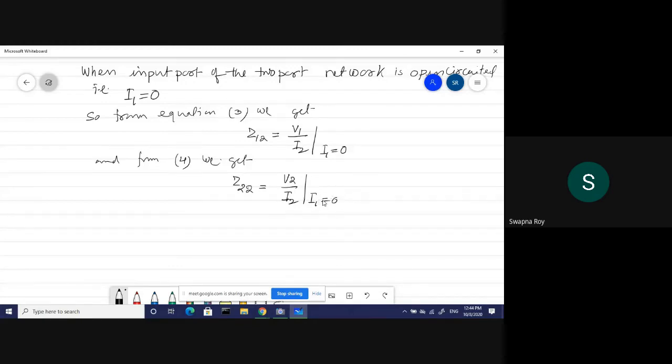Now Z12 is called reverse transfer impedance. And Z22 is known as output driving point impedance.